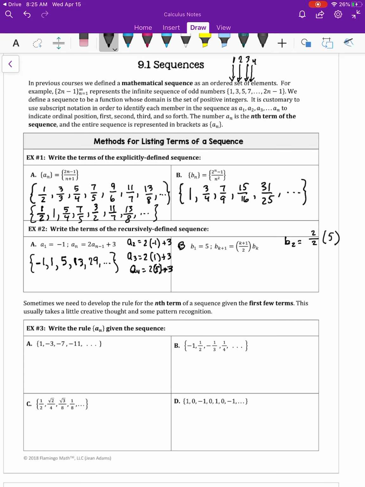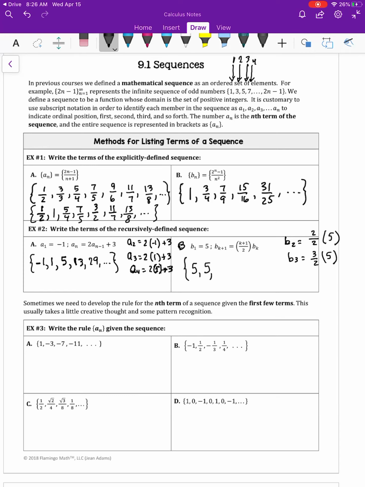Okay, so I did my, because my k is 1, right? My k is 1. So if I want my second term, this is going to be 2 over 2 times my first term. And so my first term was 5, and then my second term is 5.